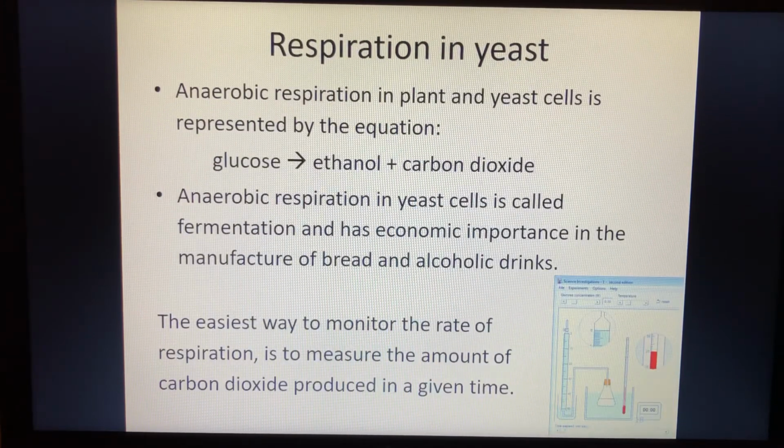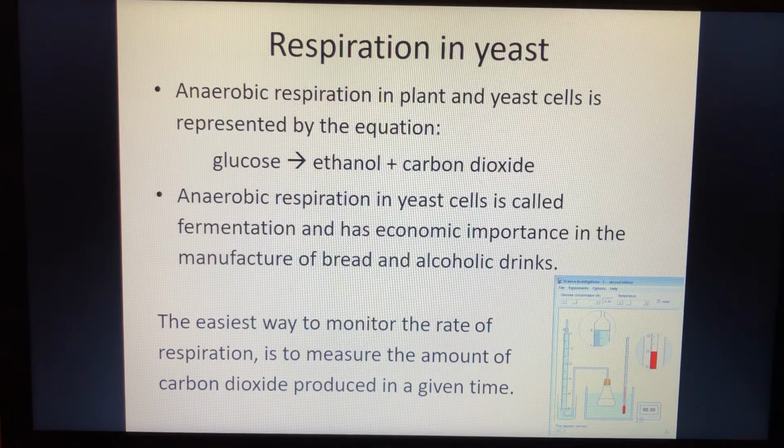We then went on to anaerobic respiration in yeast, okay? This is called fermentation. We give the yeast glucose in anaerobic conditions, without the presence of oxygen, and the yeast are able to produce ethanol and carbon dioxide.